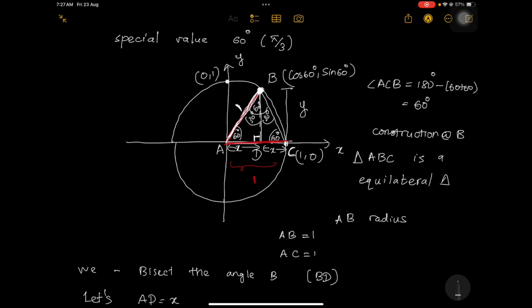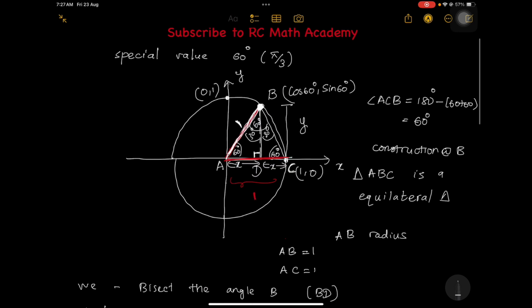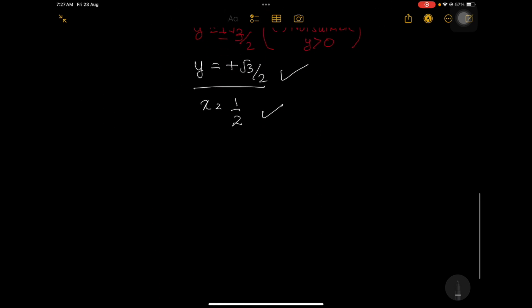X is going to be cos 60, y is going to be sin 60. It's obvious. So cos 60 is equal to half.